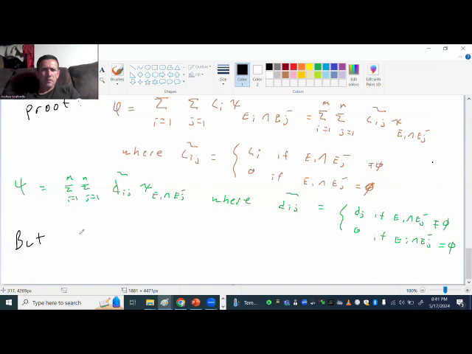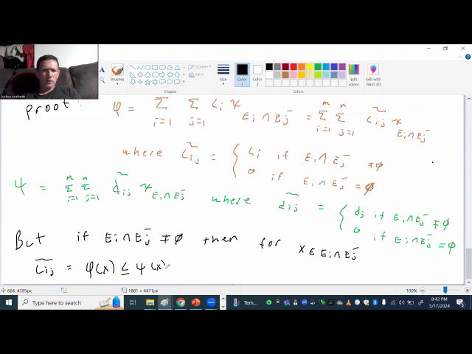The first is that this is not empty. So for x in E_i intersect E_j prime, what do we have? c_ij tilde is this here, and we're assuming this is less than or equal to psi of x.